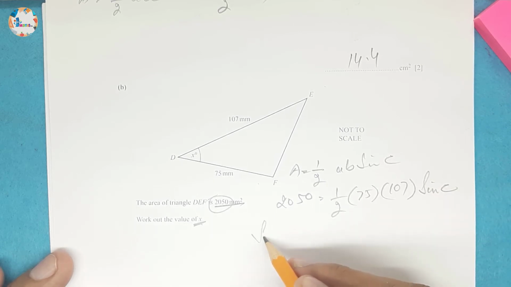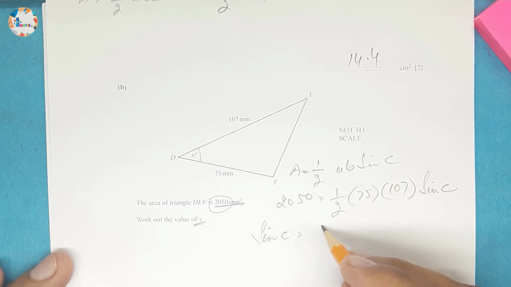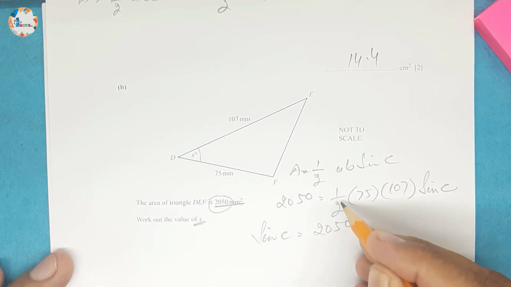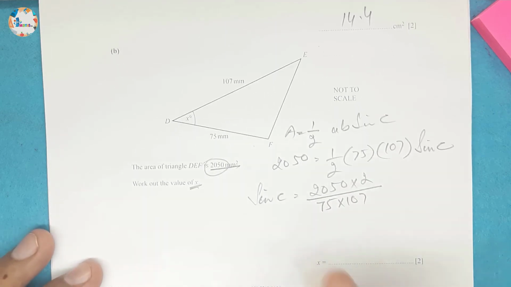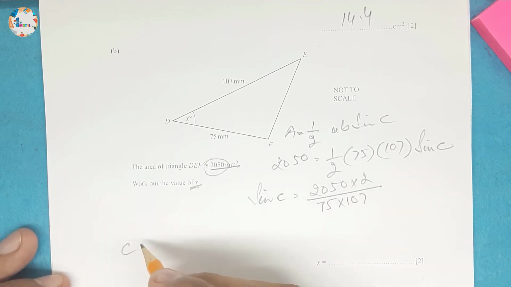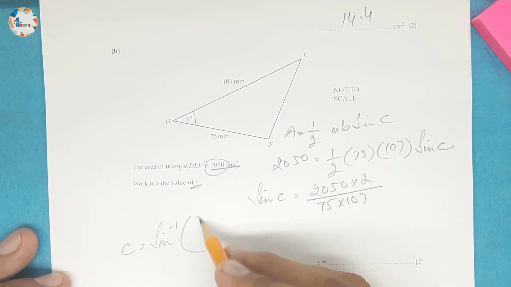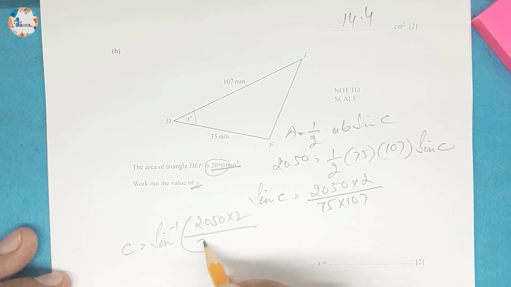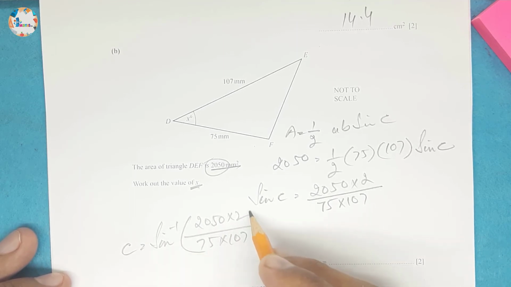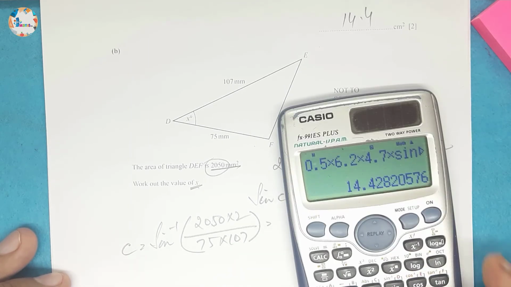So sine C will be equal to, we can shift everything to this side. So it will be 2050, the denominator is only 2, so we will write it on this side as a numerator, and the numerators we will write on this side as the denominator. So C will be equal to sine inverse of 2050 into 2 over 75 into 107, and now we can use the calculator.